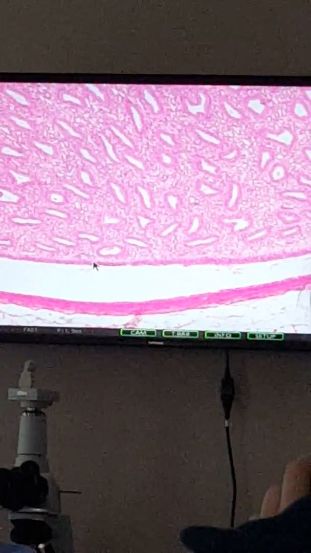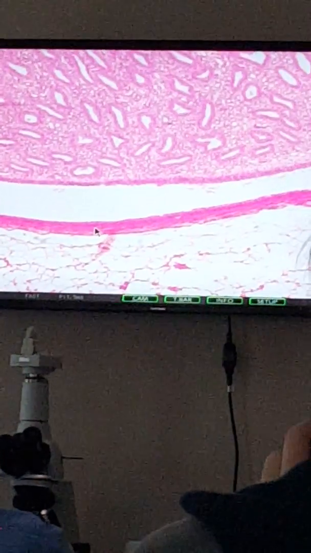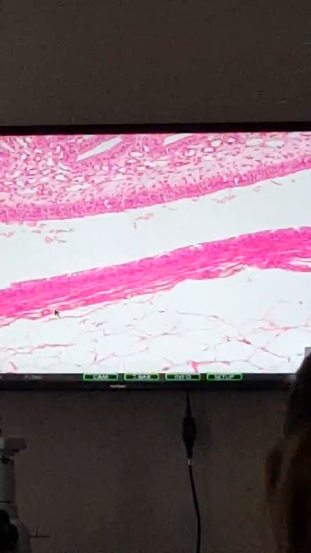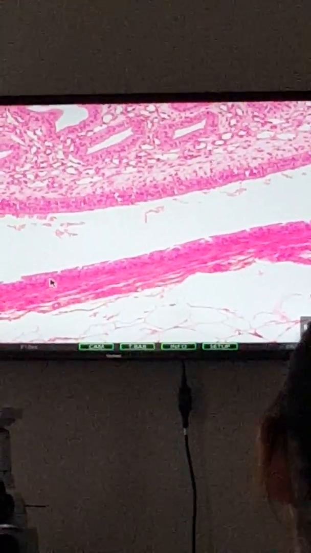It's a space. Well, it's not only a space, but it's lined by transitional epithelium. There's transitional epithelium there, and it's transitional epithelium right there. So we think of it as a cup-like structure. And you can see it's a stratified epithelium.